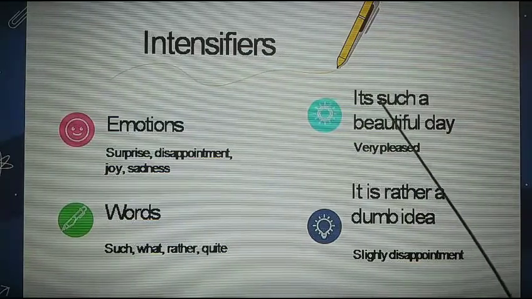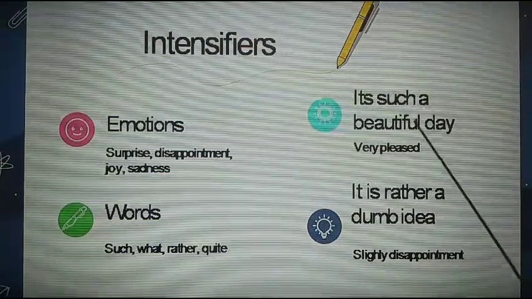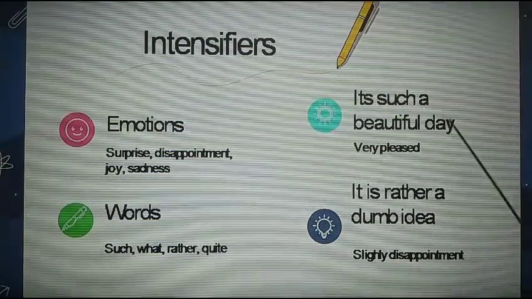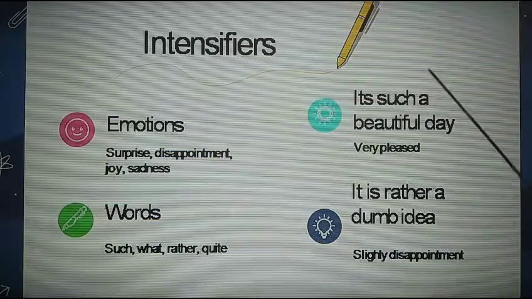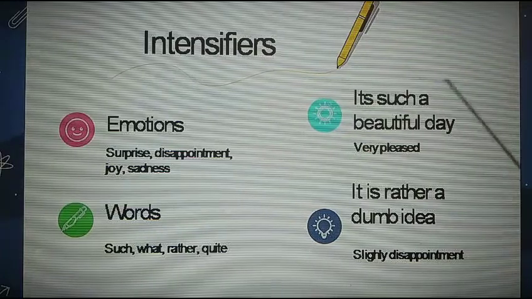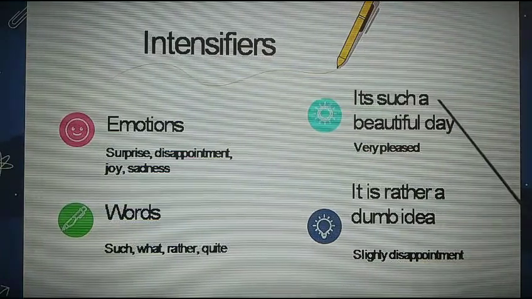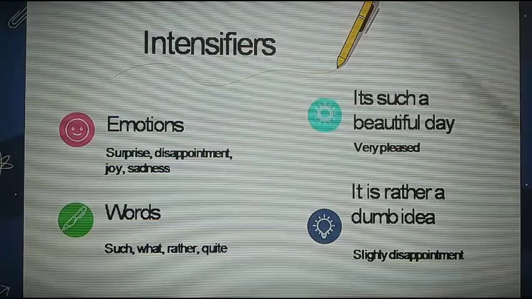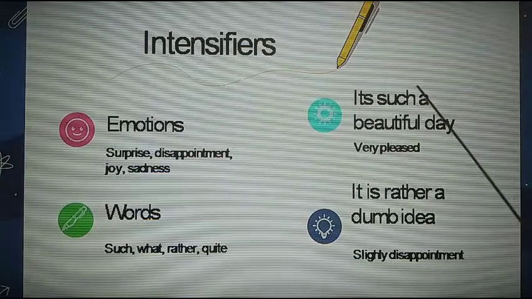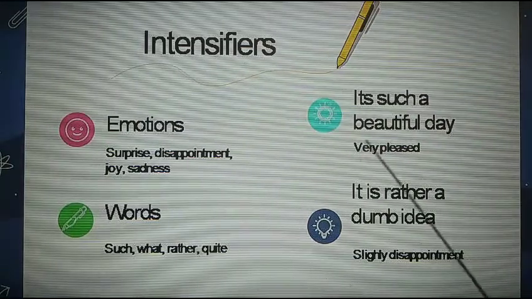For example, it's such a beautiful day. So we know that we are very pleased because this is a beautiful day, so we are using such to give a bigger intensity to how pleased I am with this beautiful day. We can also say what a beautiful day, and we are using the word what in the same way as such.